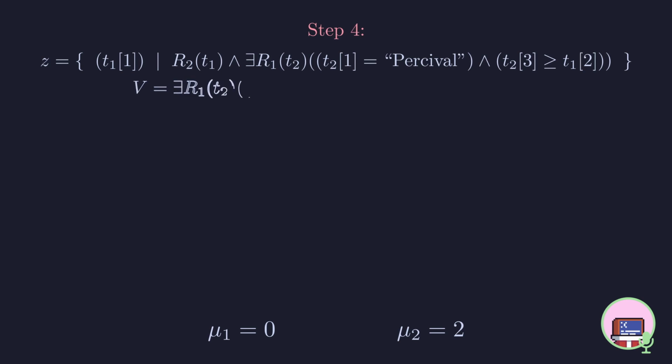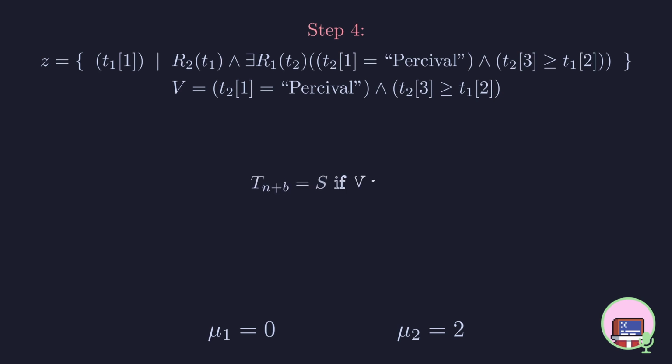In step 4, we'll remove the quantifiers and their associated ranges from V, keeping only the matrix. Now, we'll define T n plus b to be equal to S if V is null. Otherwise, we define it by rewriting V's matrix according to these rules. The logical OR becomes a union, and the logical AND becomes an intersection.